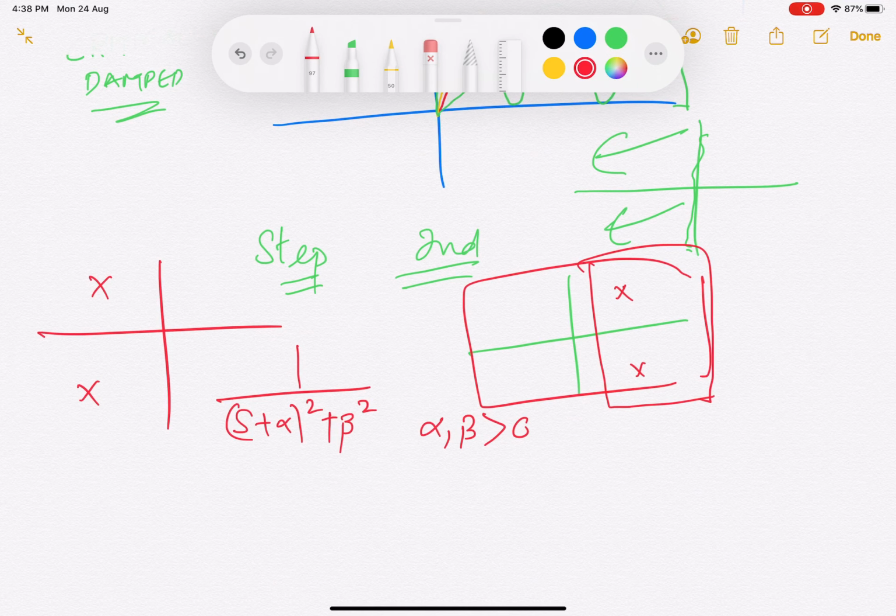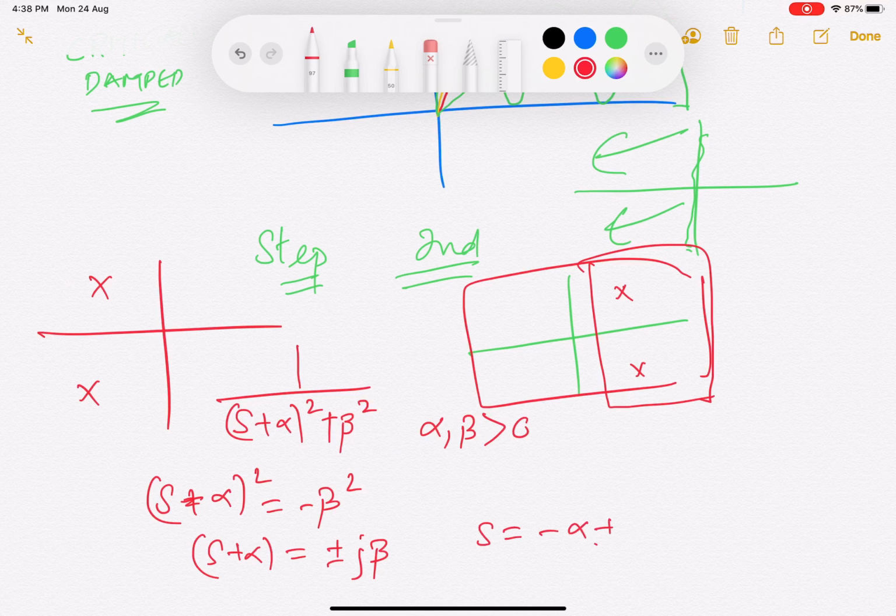Only then, because when you wrote it like this, you were able to write s plus alpha whole square is equal to minus beta square. That means s plus alpha is equal to plus minus j beta. That means s is equal to minus alpha plus minus j beta.